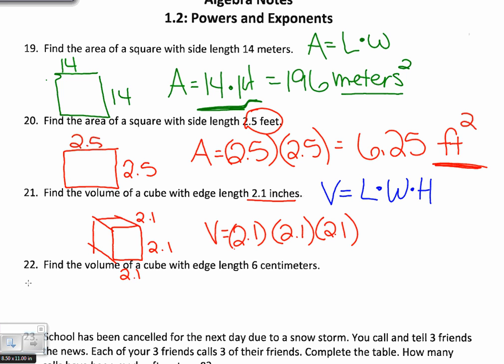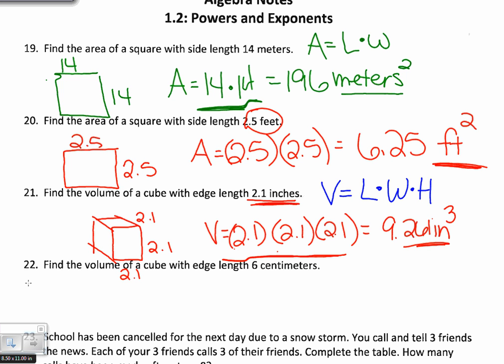When we multiply that together, I get 9.261. Our label is inches, so here we're going to do inches cubed. Volume is always cubed. Okay? Again, because we have three things that are multiplying together here. Those three things, 2.1 times 2.1 times 2.1, would give me 2.1 cubed, or 2.1 to the third power. So here, my label is always going to be cubed.